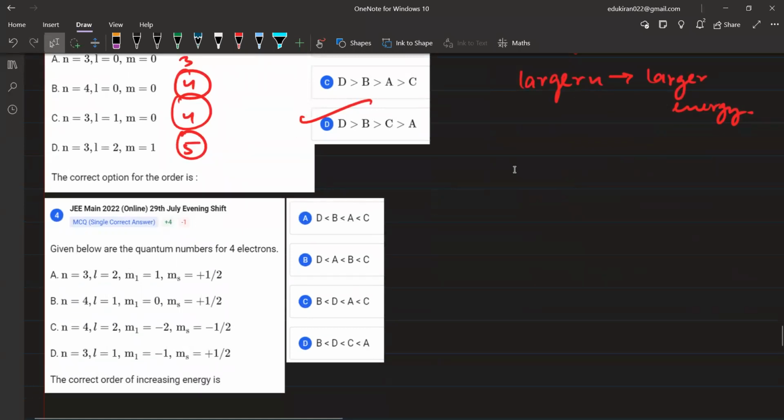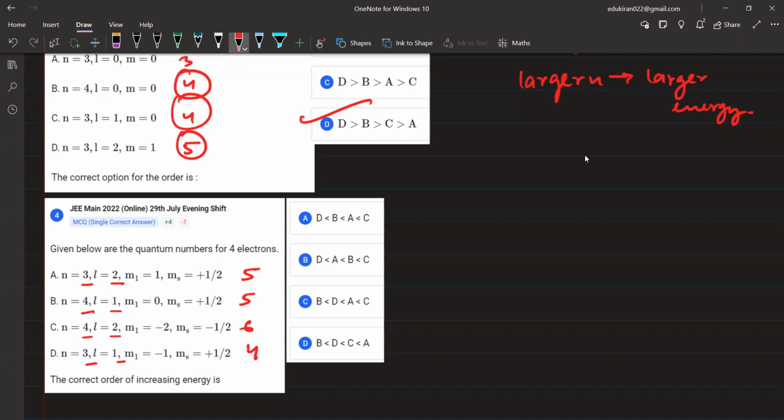n plus l ही देखना रहता है ना. n plus l calculate कर लीजिए, कितना हो जाएगा. 3 + 2 = 5, 4 + 1 = 5, 4 + 2 = 6, 3 + 1 = 4. ठीक है, तो C में सबसे ज्यादा है, उसके बाद है A, B. A और B में कौन ज्यादा है. D will be last, तो A और B में से कोई ऑप्शन होना चाहिए.